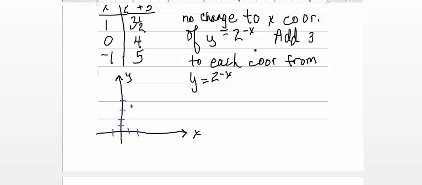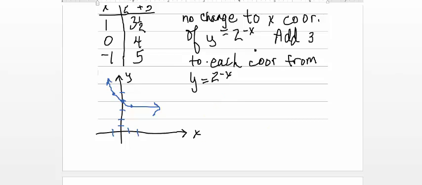X is 0, y is 4. X is negative 1, y is 5. Now we know the basic shape of our graph. And notice it's going to look something like that. So we are going through those 3 key points. So these are the translations.